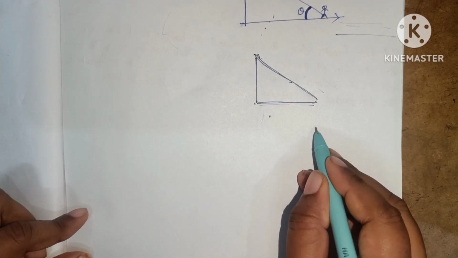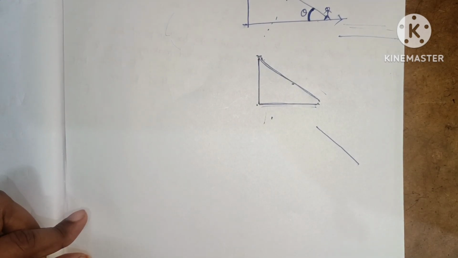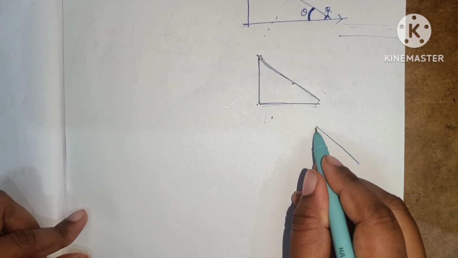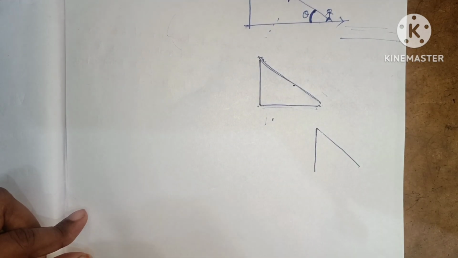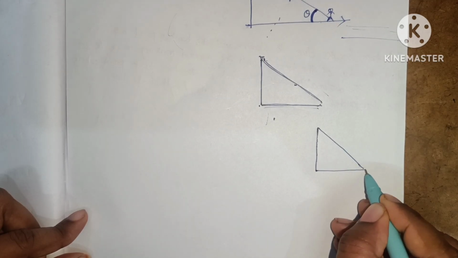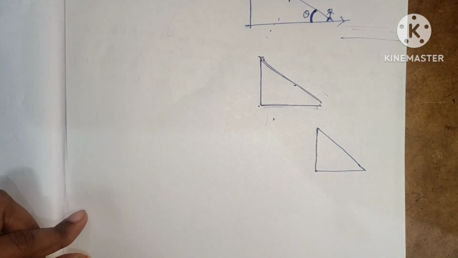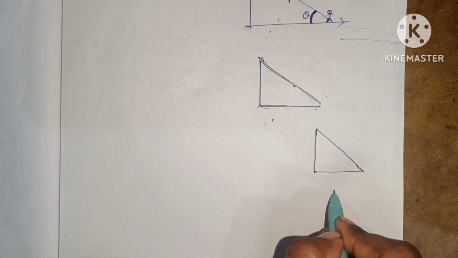Children play on the slider, right? So that slider will be like this, and the height of the slider is always straight, and the ground is nothing but a straight line. Understood?